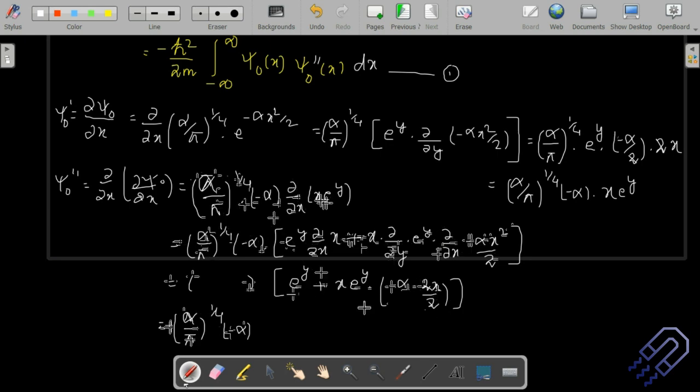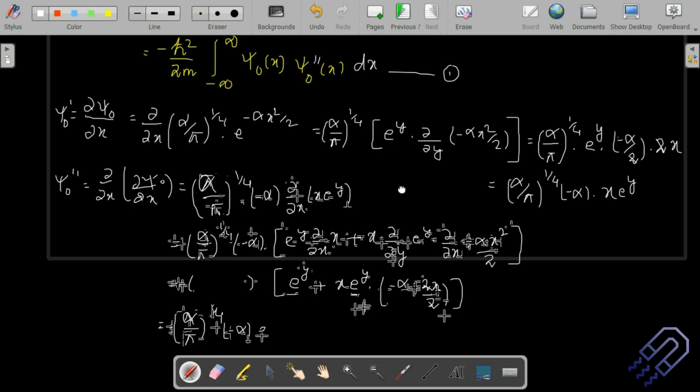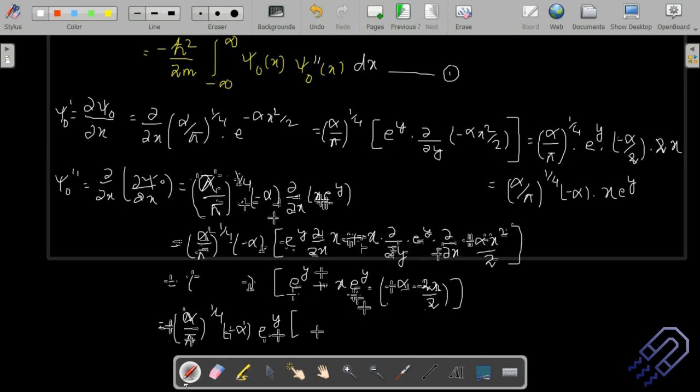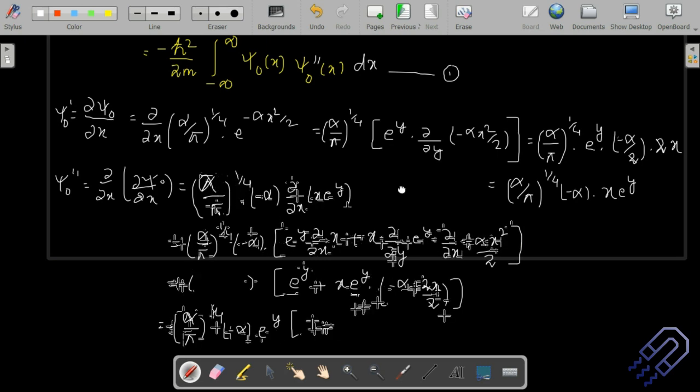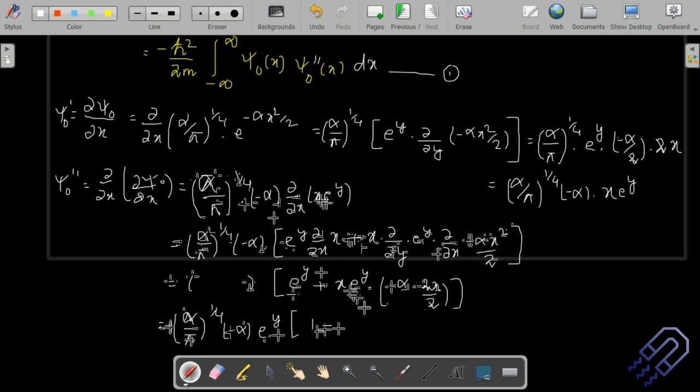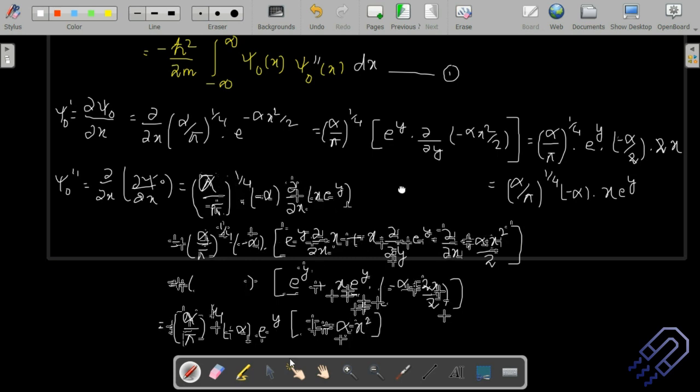We have e to the power y here, e to the power y here, so we can take out e to the power y, and within the bracket it would be 1. Then minus, and this is 1 e to the power y. This is x, and x will become x square, and alpha is there, so I can take it as minus alpha x square. So this is my term here.